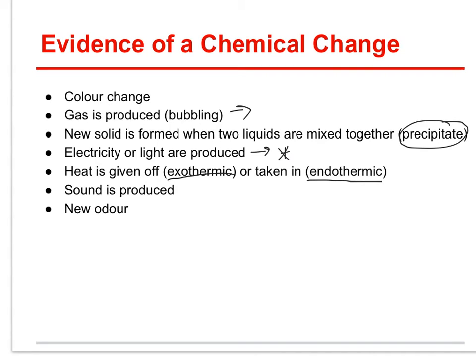If a sound is produced, so you get a pop or a bang, that means a chemical change has occurred, as well as a new odor. All of these are key pieces of evidence that tells us a chemical change has occurred.